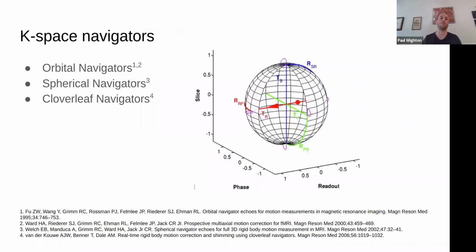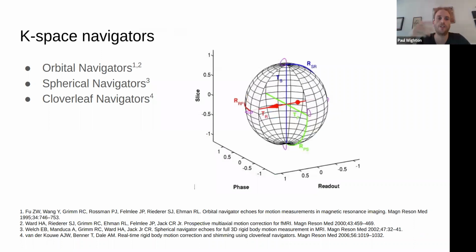Okay, so another broad technique is navigators. There are navigators that work in K-space and navigators that work in image space. There are a bunch of different types of K-space navigators. Here I've listed some of the more common ones. They're mostly described by the trajectory they take through K-space.